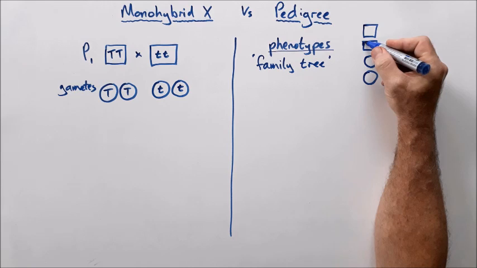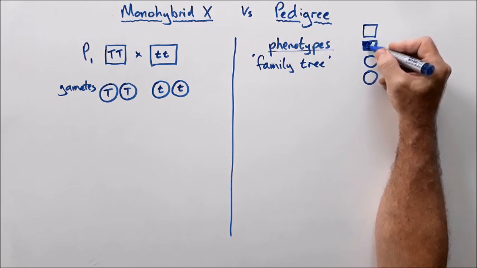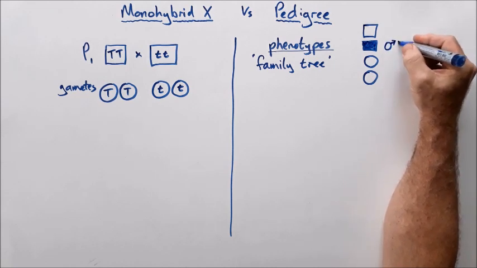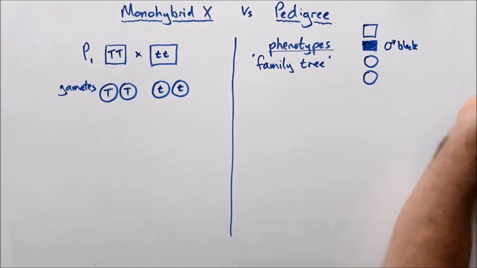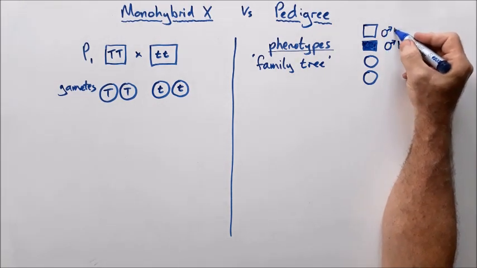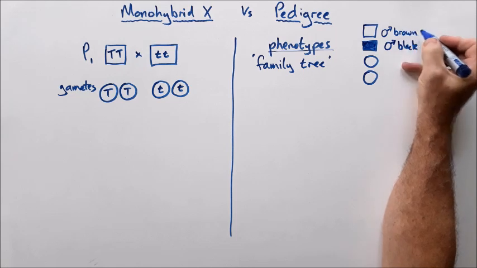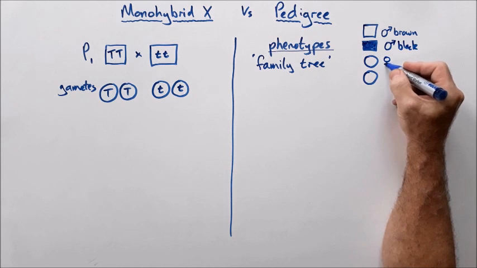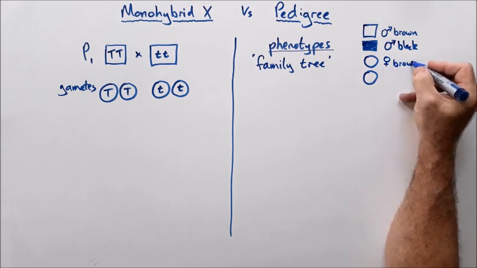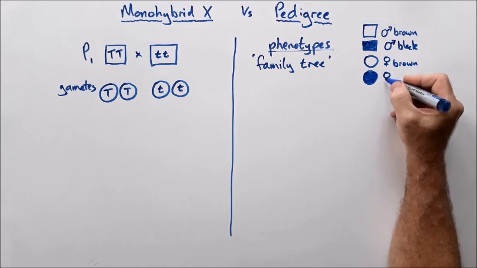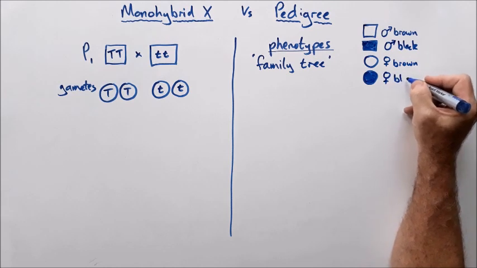So let's say, for example, that black fur is what is expressed in this case. This would be a male with black fur, where this would be a male with, let's say, brown fur. And this over here would be a female with brown fur, and this would be a female with black fur.